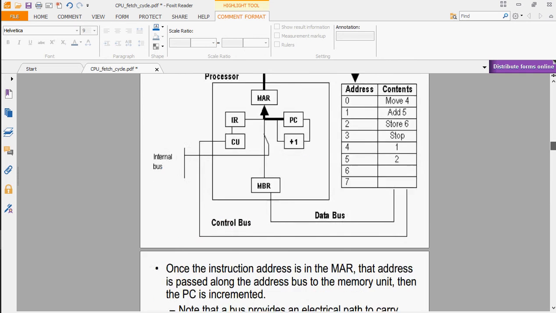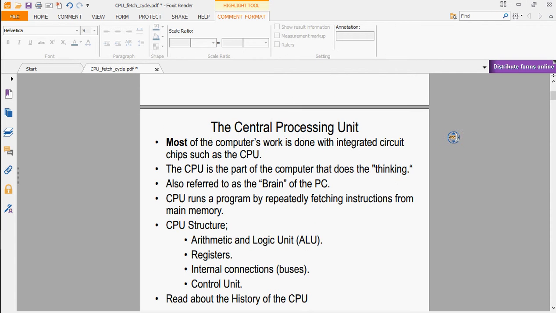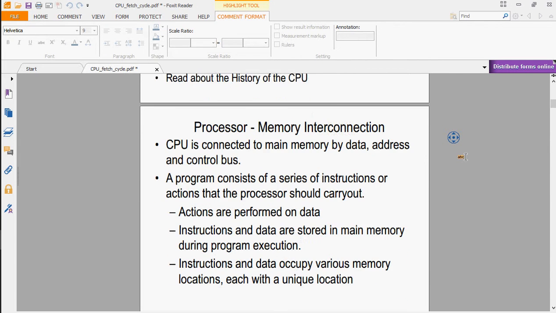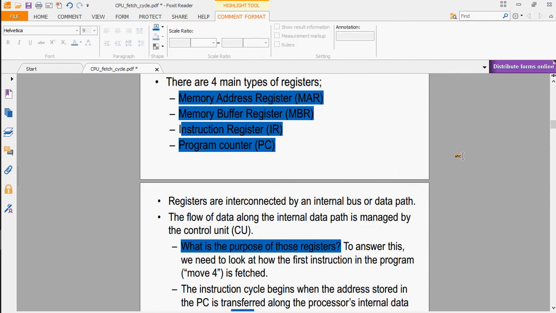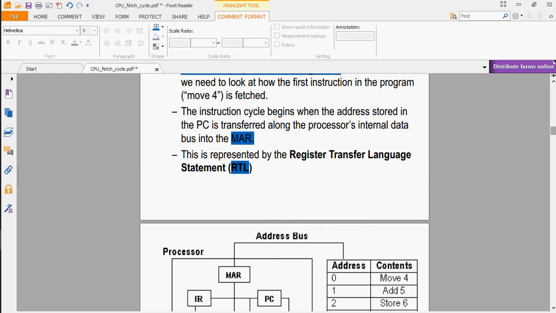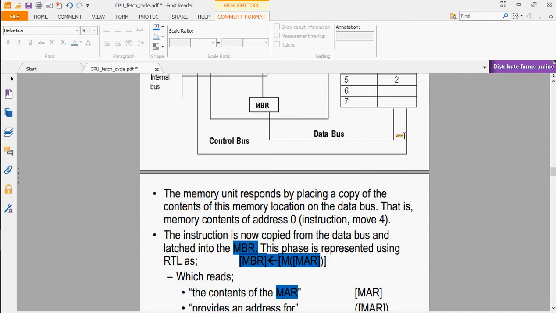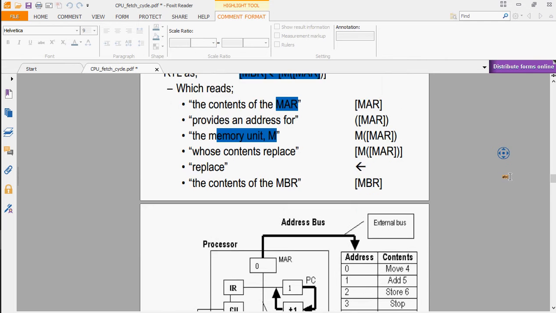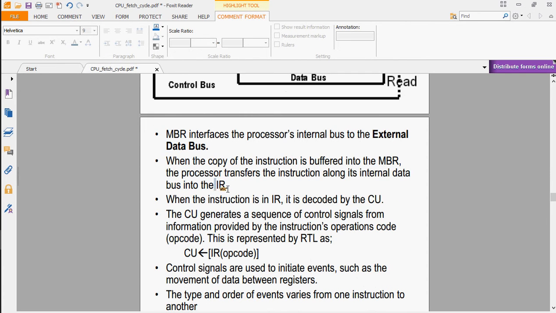At the beginning, when we were checking the registers, we had IR, the instruction register.